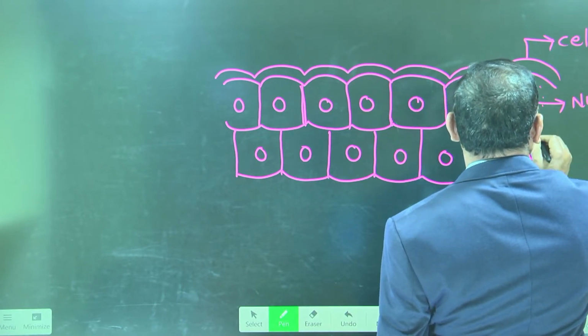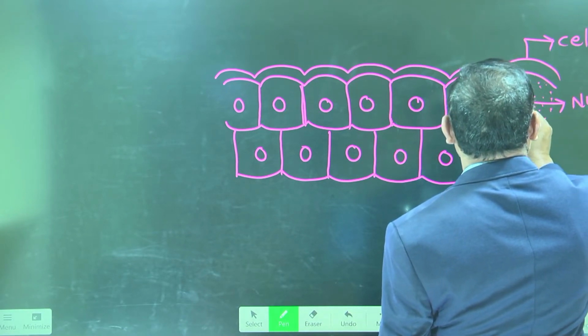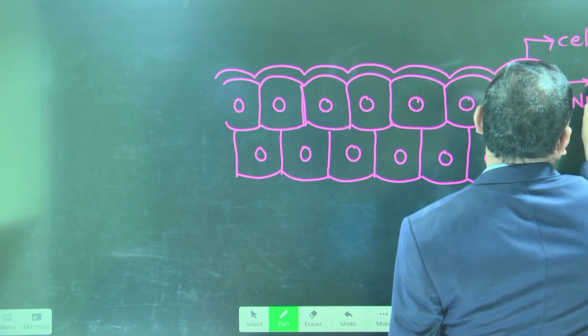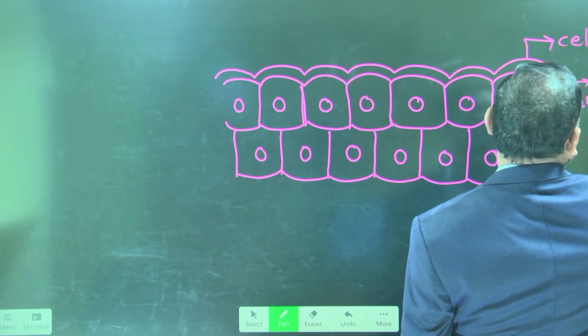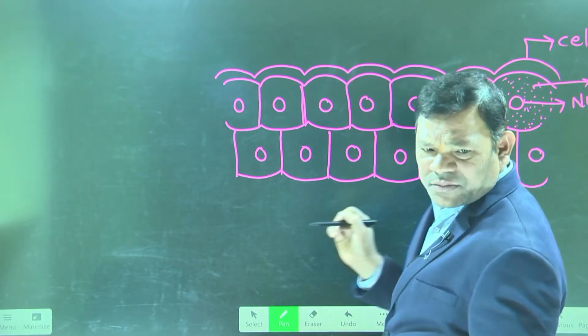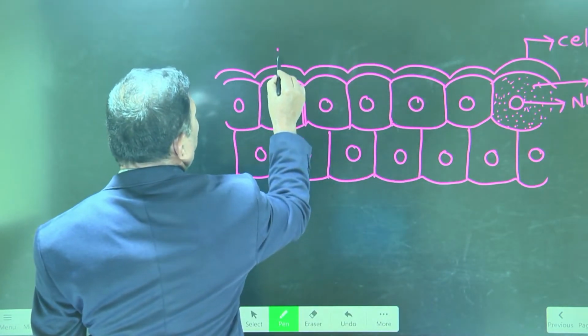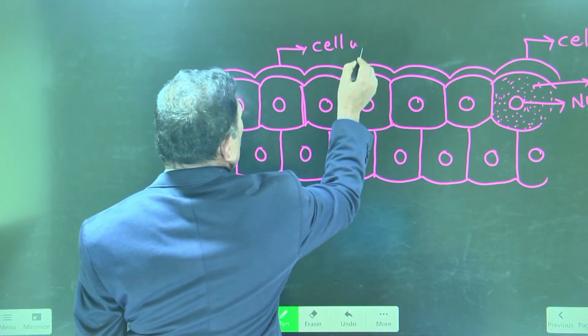This is called cytoplasm. So this is called cell wall.